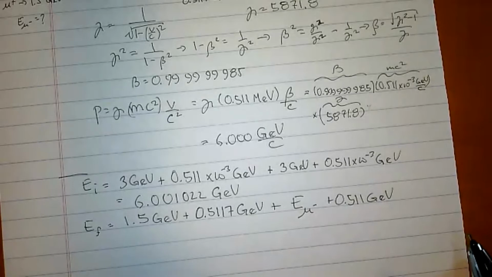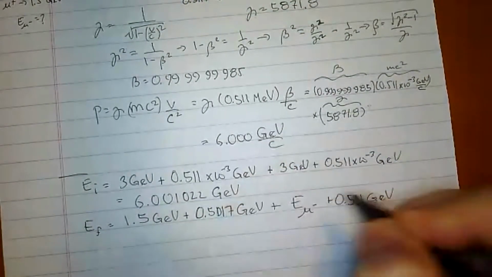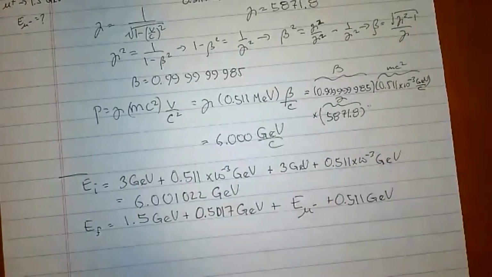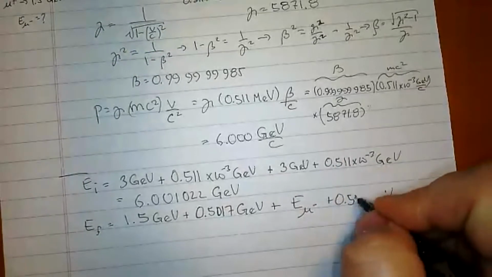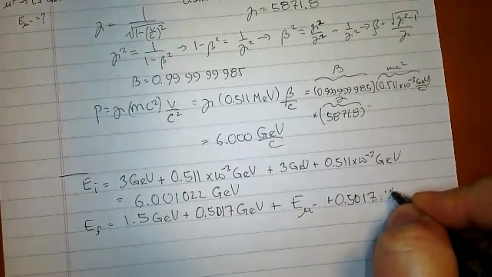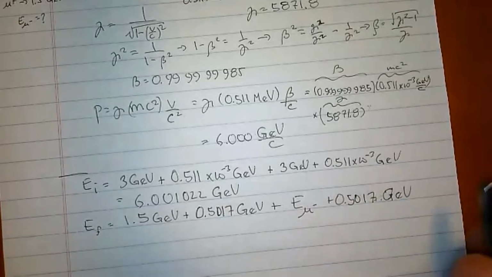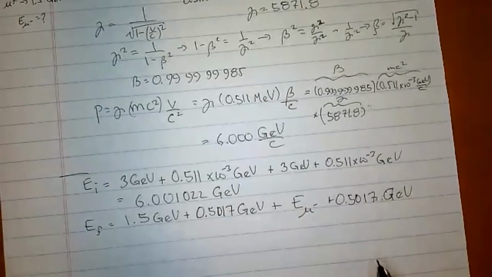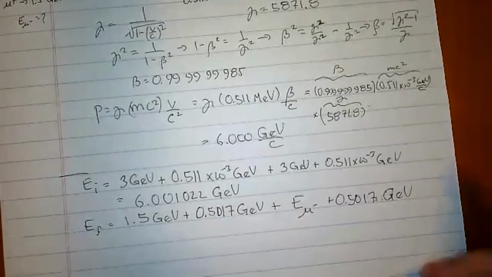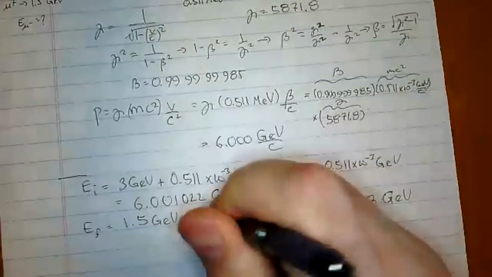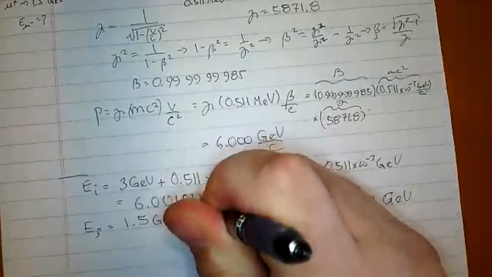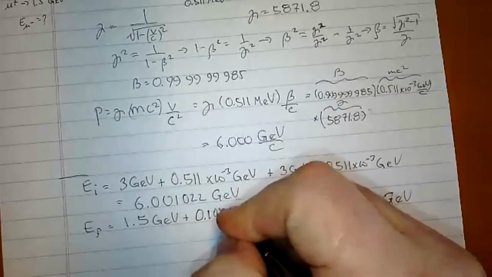The rest energy would be 0.1057 GeV. So I misspoke twice.